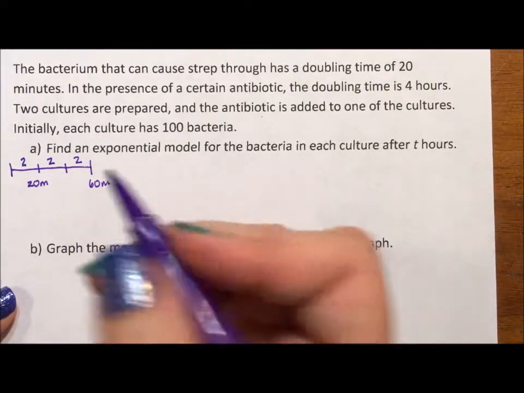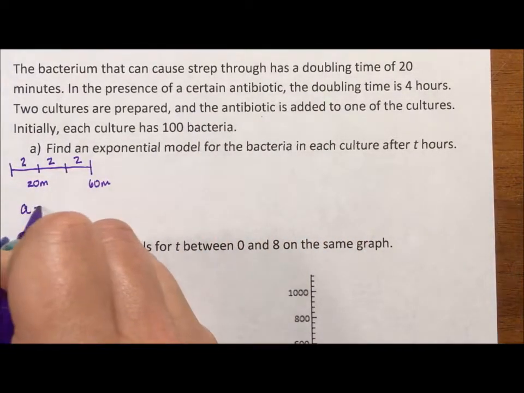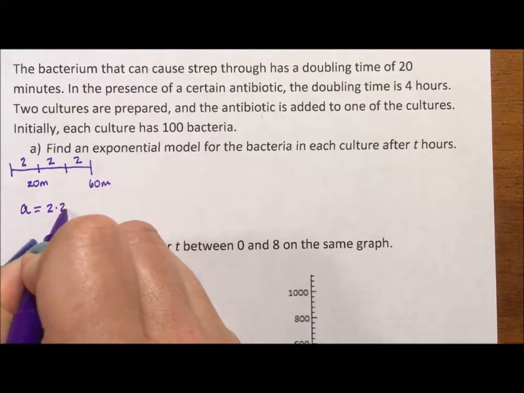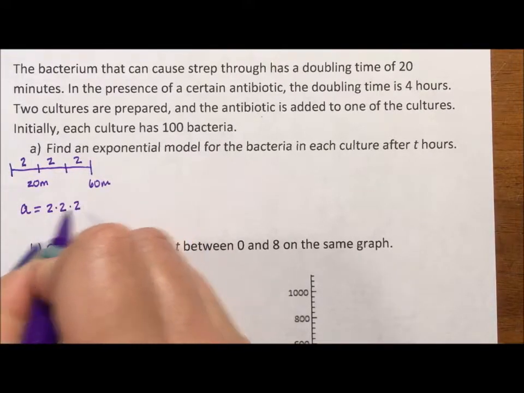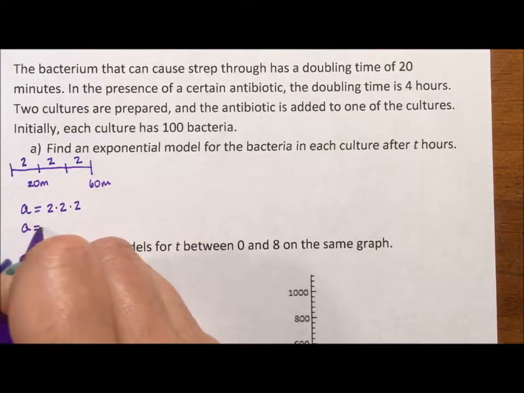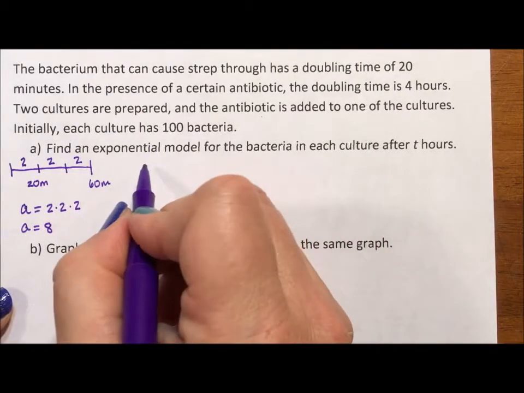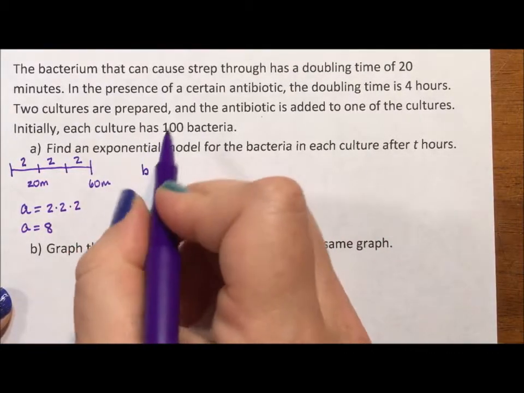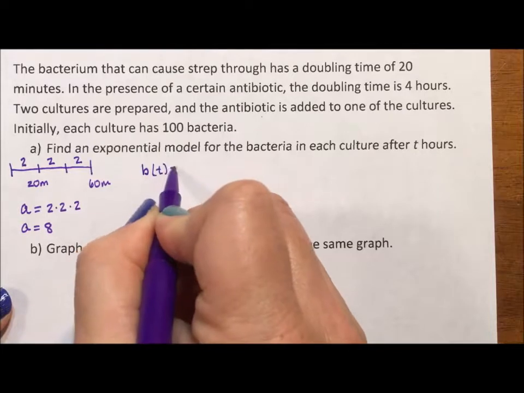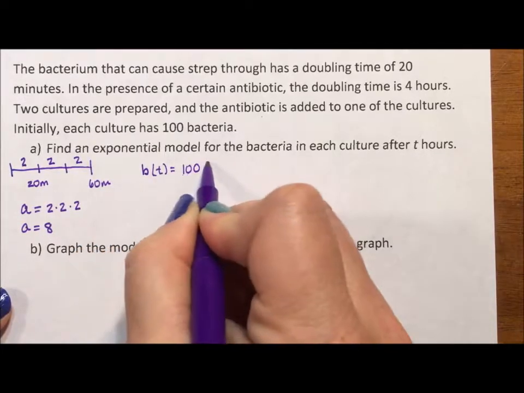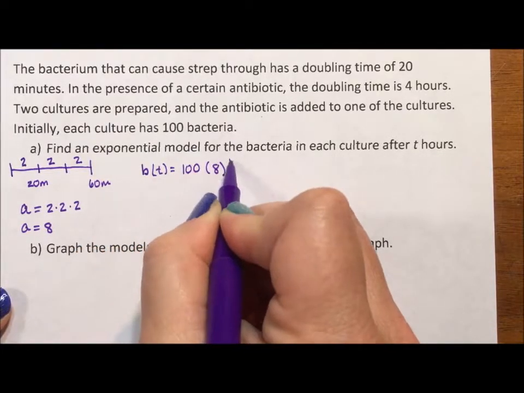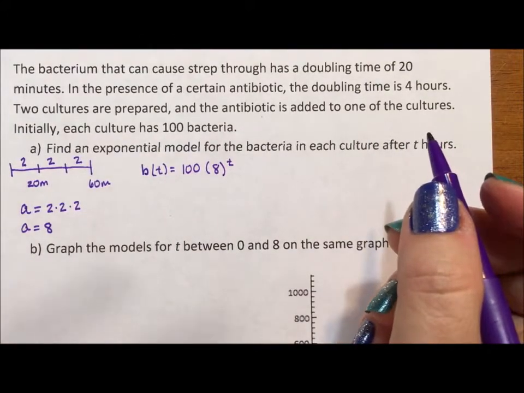Doubling means to multiply by 2, so it doubles once, twice, 3 times. In other words, A in this case is equal to 8. So for our first situation, bacteria over time, B of T, is equal to 100 times 8 to the T.